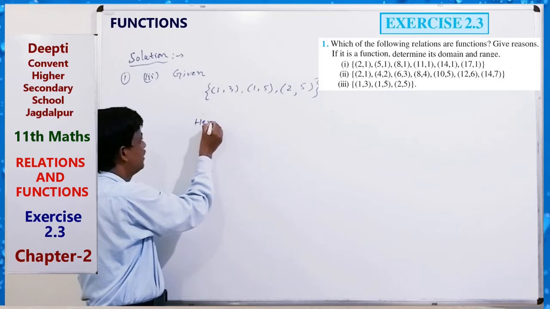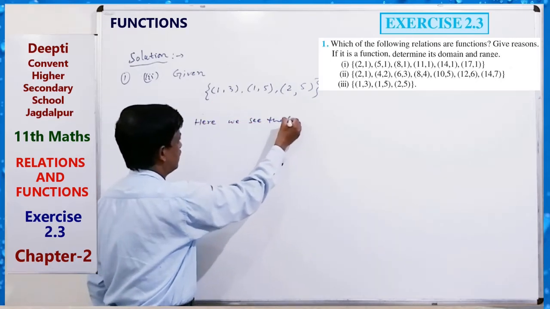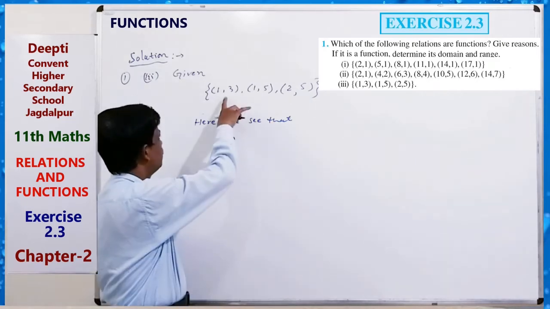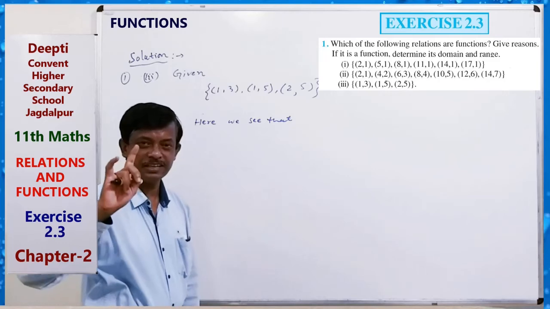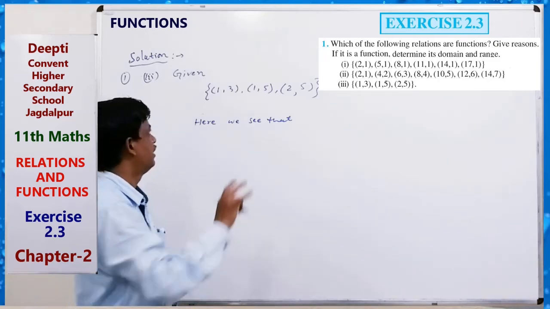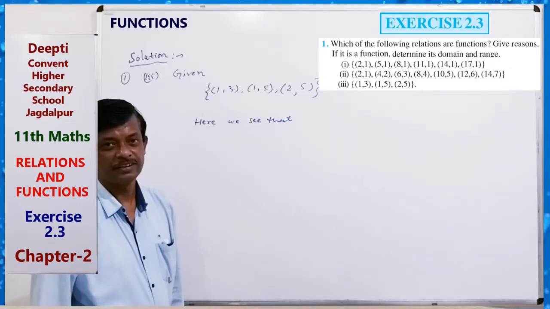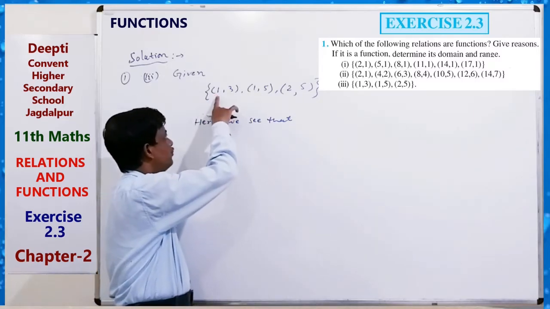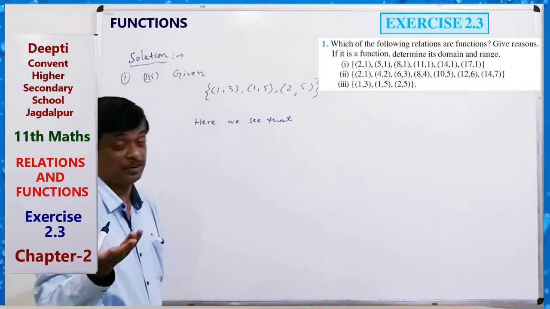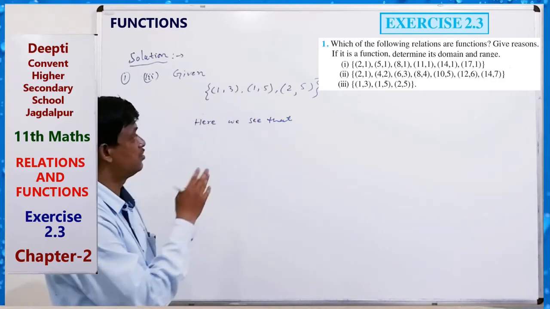Here we see that 1 3 and 1 5 have equal first elements and different second elements. So one is connected to two different elements, not to a unique element, so this is not a function.